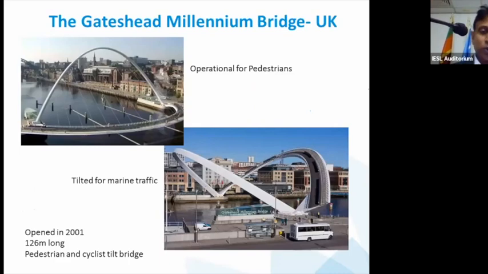I wanted to show you this picture. This was done as part of the Millennium Celebration in the UK. This is about the county council of that area. They wanted to have a bridge because the requirement is such that it's needed for the people to cross over the bridge, as well as to facilitate the navigation.